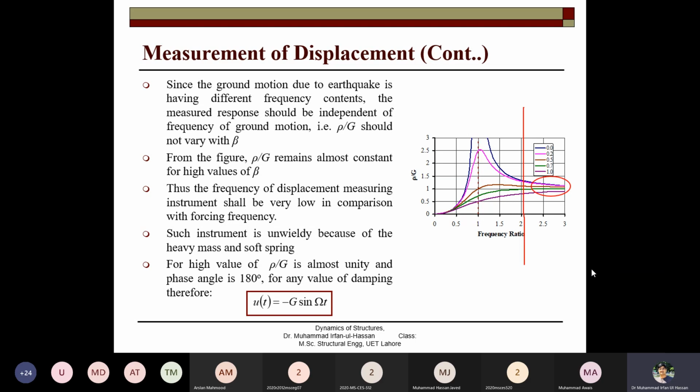In the case of acceleration measurement, beta was less than 0.6, but for ground motion measurement, beta is to be kept larger than 2.5. At higher values of beta, rho over G remains constant, and the frequency of the displacement measuring instrument shall be very low in comparison with the forcing frequency.